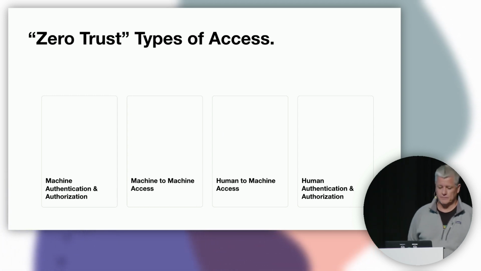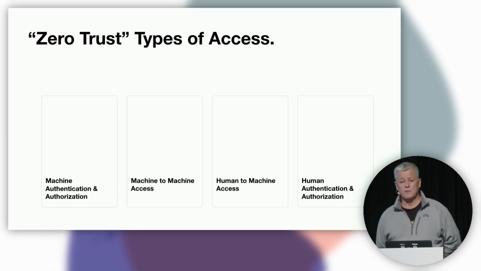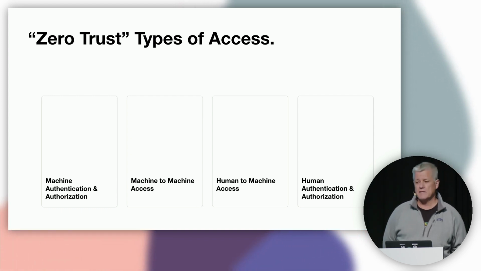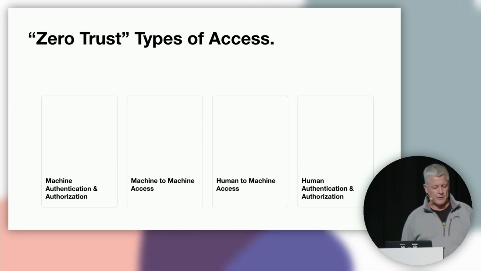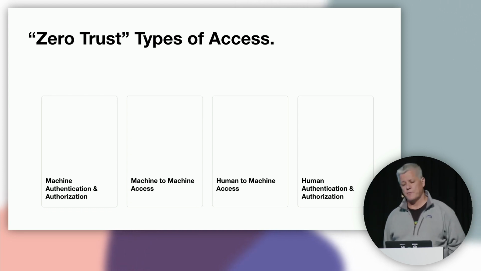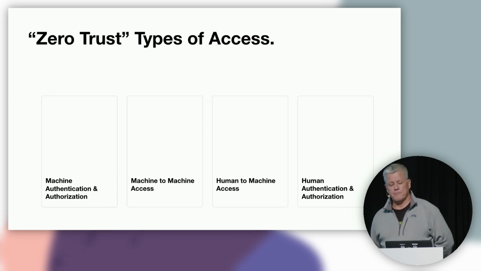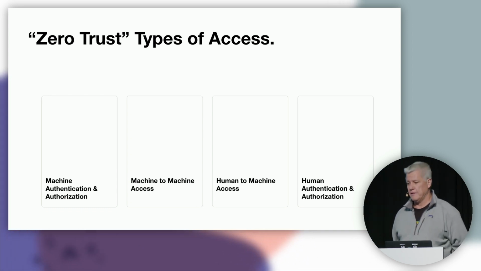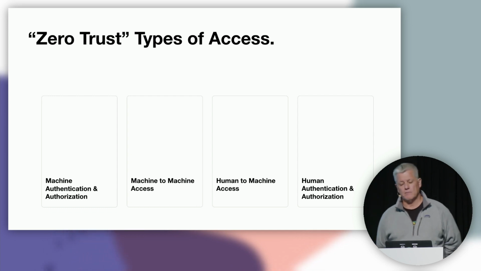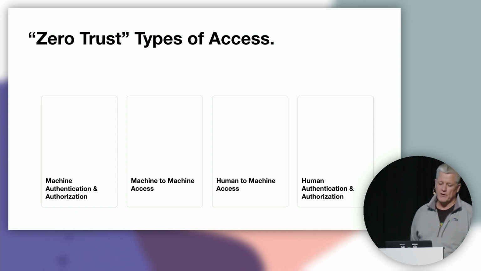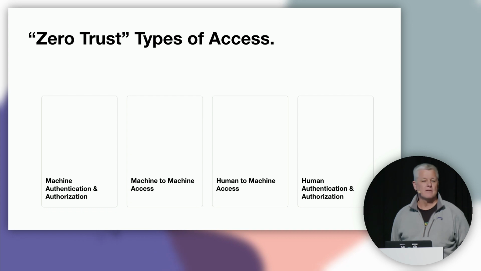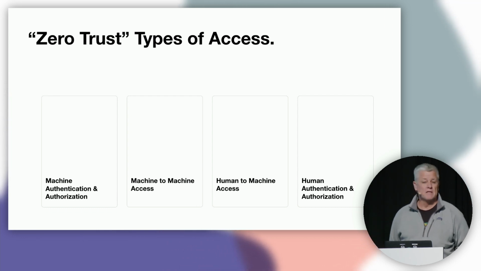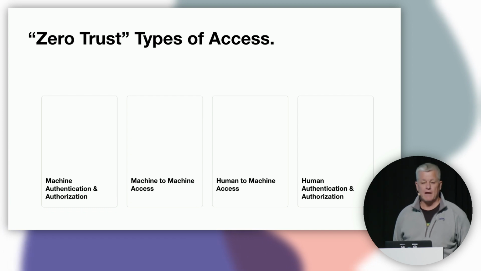Machine-to-machine access. You have multiple connectivities. As we saw in the previous slide, you've got your on-premise data center, your on-premise private cloud, and you've got your off-premise public clouds. But you have to have a way that these machines talk to each other. Now, if you have your old four-wall scenario, these machines didn't really need any kind of encryption to talk to each other. They could literally just talk to each other because that was allowed, that was okay. We didn't have to figure it out.